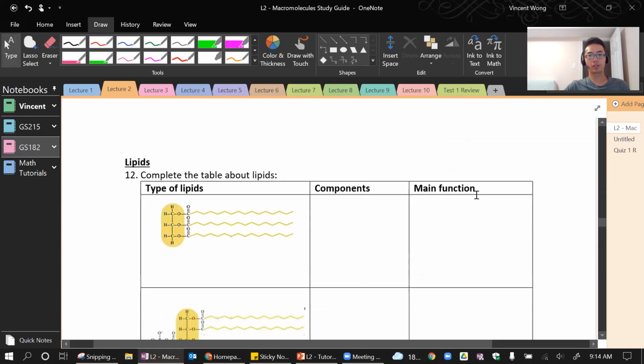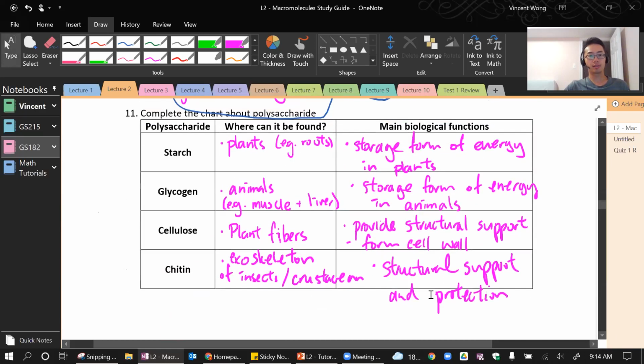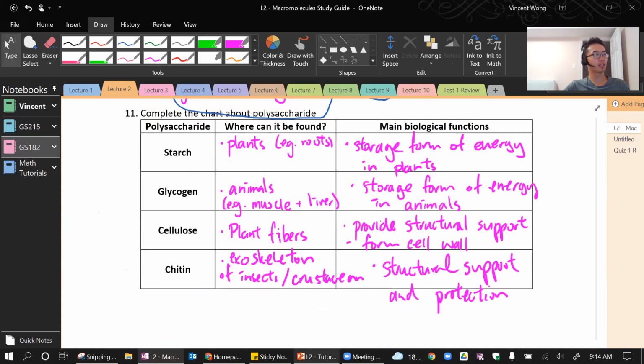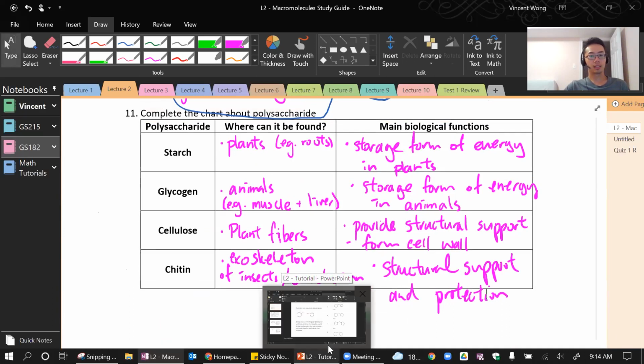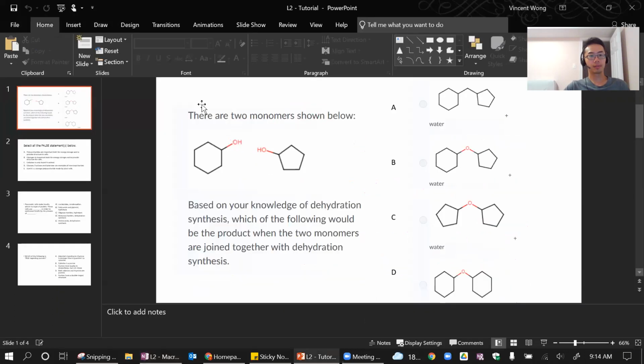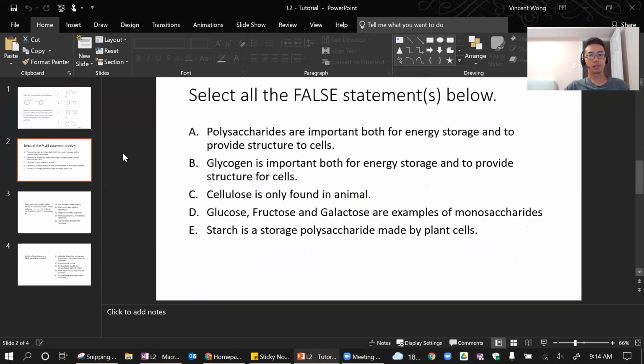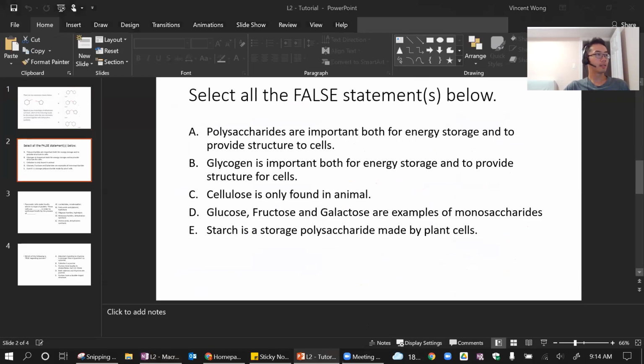All right, moving on to lipids. Any questions for carbohydrates before we move on to lipids? Anybody at all? No? Okay, let's do a quick poll here and see what happens.